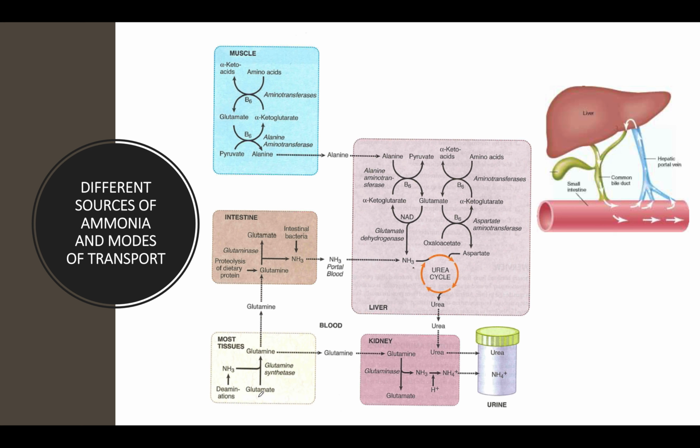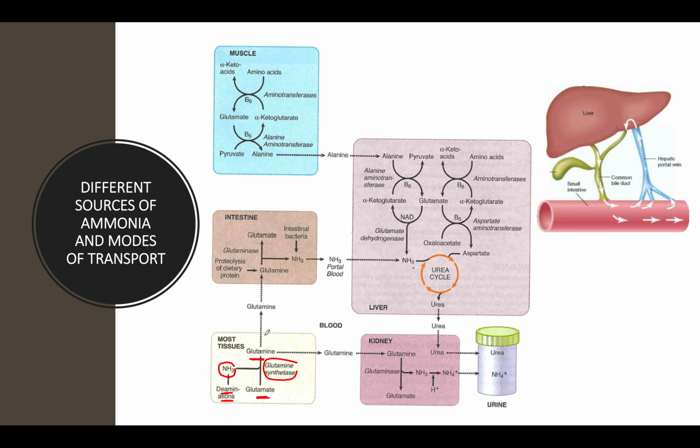So you have glutamate, which helps in the trapping of ammonia that is produced by deamination or catabolism of amino acids. In the presence of the enzyme glutamine synthase, glutamate is converted to glutamine.